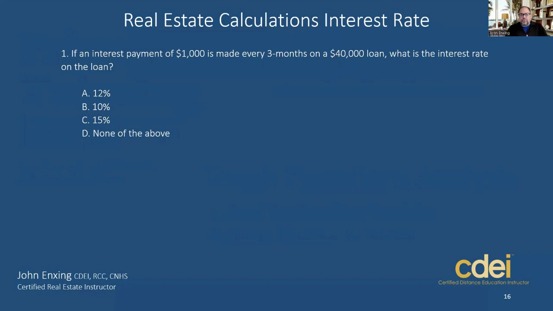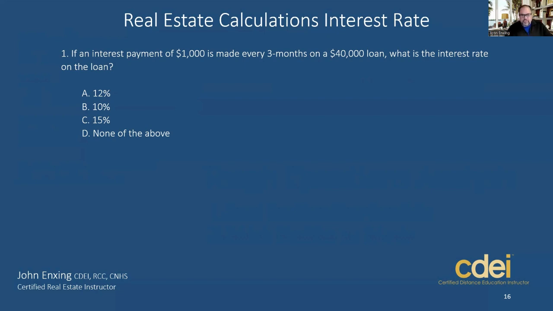They give you two variables: the interest payment and the loan value, the two numbers you need to calculate the rate. But here's the play on words. The $1,000 is made every 3 months. So we have to figure out: am I just going to use $1,000 and $40,000 to calculate the problem, or is there another calculation I have to do before I go into IRV the banker?